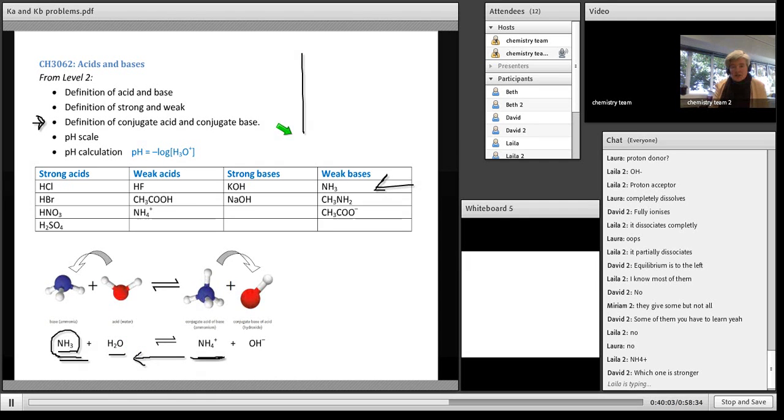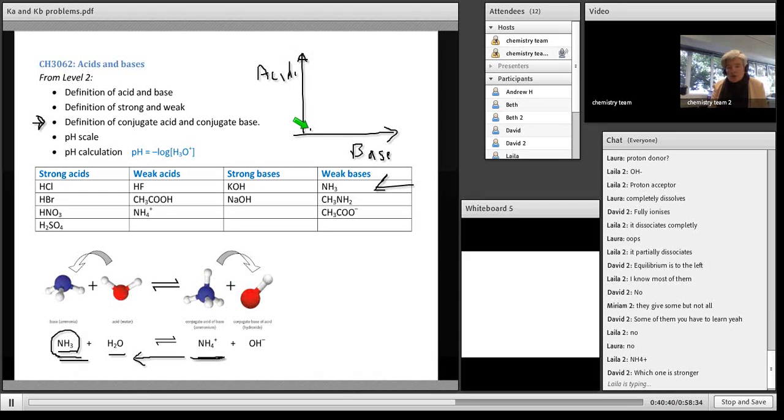So pretty much if I drew a chart like this and I made acids over here and their conjugate bases over here, and I did it in terms of strength, the higher you go, the stronger it is, not more concentrated. So a strong acid would have a very weak conjugate base, okay?